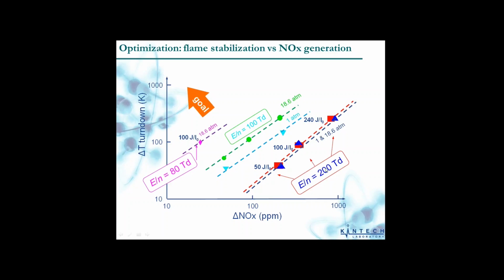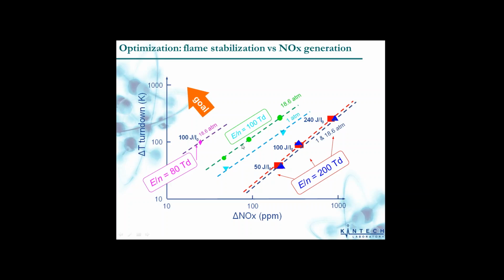Okay, what happens if we reduce the electric field strength? Well, the situation becomes better because fewer nitrogen atoms are produced. But together with the nitrogen, we reduce the concentration of atomic oxygen. So we have two effects: decreasing of NOx, but unfortunately also decreasing of the plasma effect, the decrease of the temperature shift.